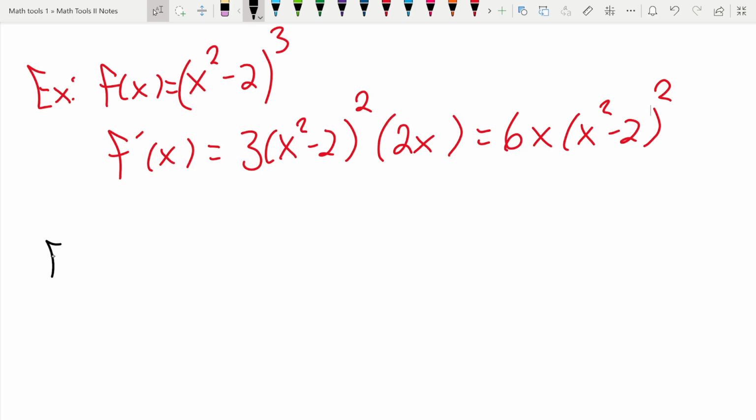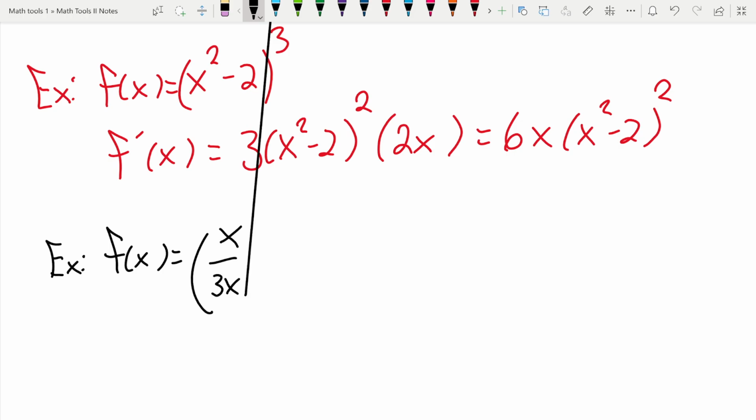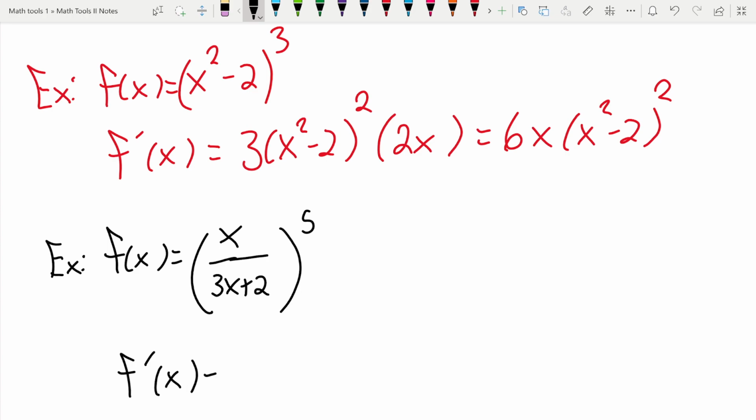Okay, let's do a couple now where we have to combine things. Let's find the derivative of x over 3x plus 2, all to the fifth. Okay. So f prime of x here, we're going to do the derivative of the outside, 5 times x over 3x plus 2 to the fourth.